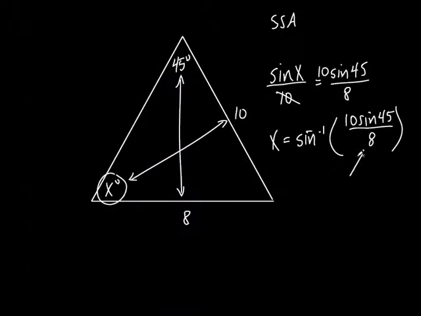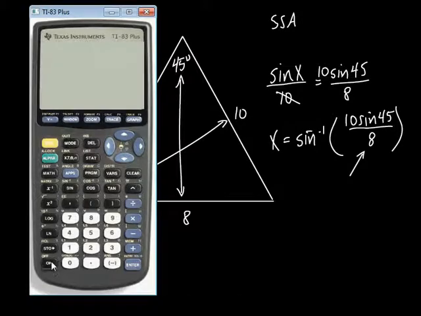I like to put the stuff in here first and then hit the inverse sine. It doesn't matter, but I think you're less likely to make a mistake if you do it this way. All right, so I'm going to go 10 sine of 45 divided by 8.